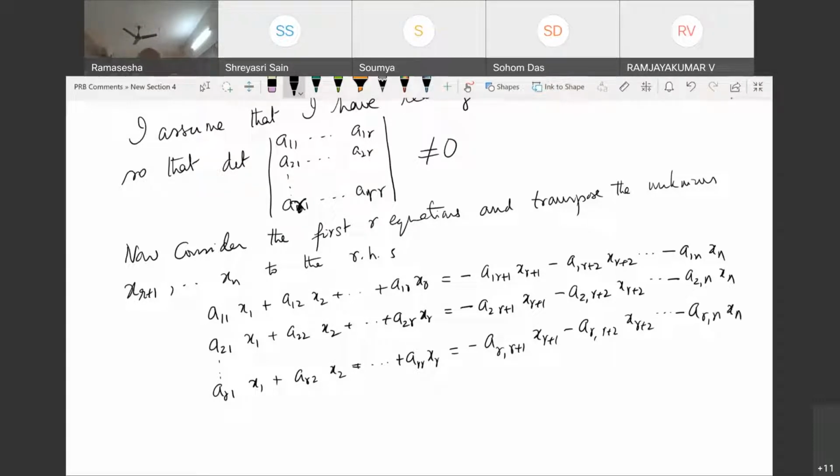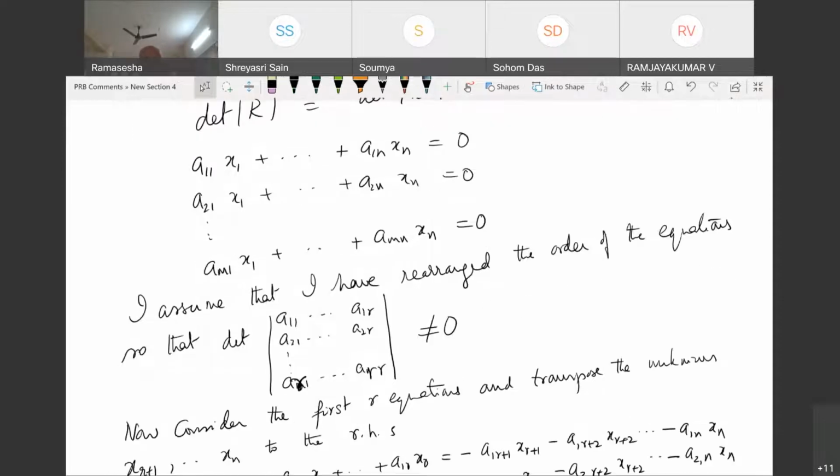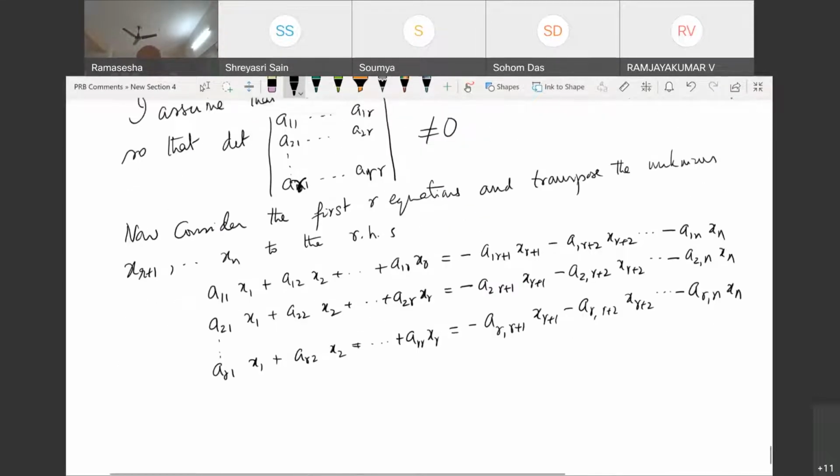So I have taken the first R equations and shifted all the terms containing the variables XR plus 1 to XN from equations 1 to R to the right hand side. So this is what I have done. Is it clear? Okay, I just shifted them onto the right hand side and only maintained the first R equations in R unknowns.